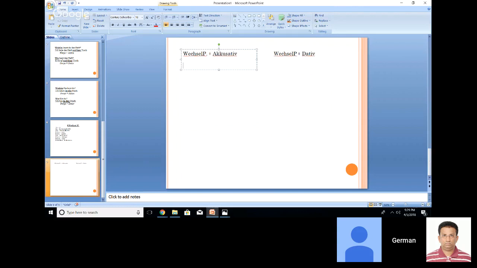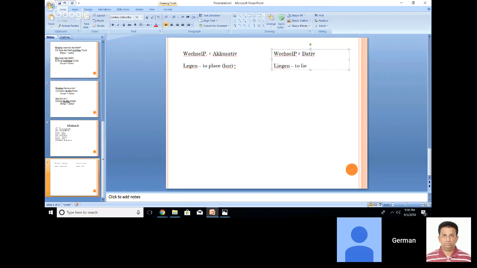Though they mean the same, a slight difference in their meaning can change the case of it. The first one in accusative is legen. Legen is to place something horizontally. And in Wechsel we have liegen, as we did in the example, legen and liegen.